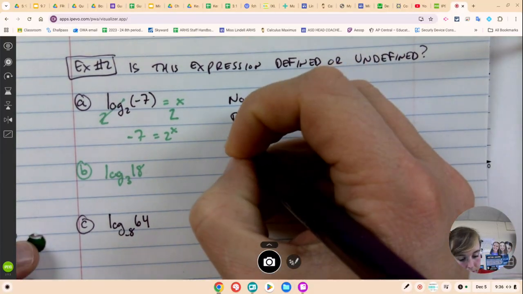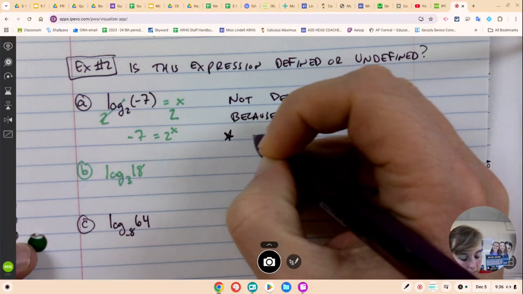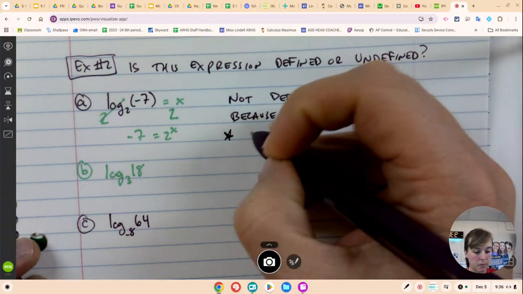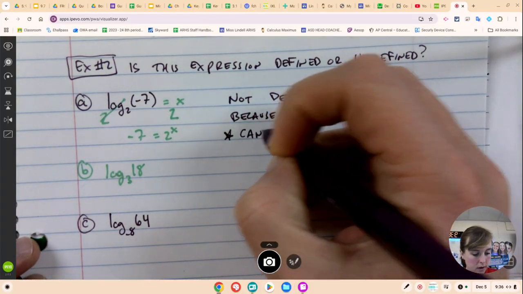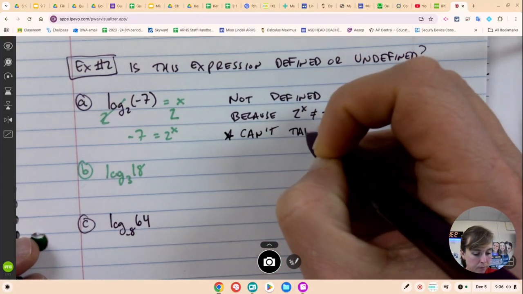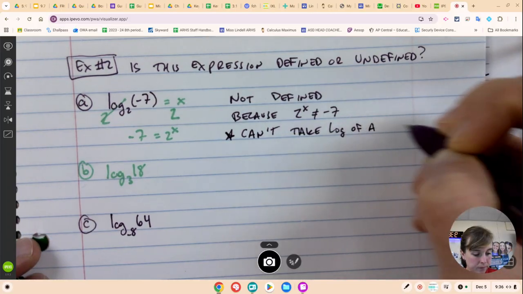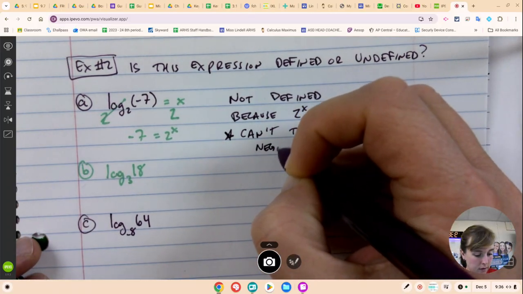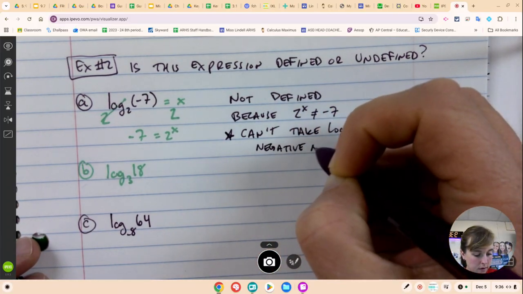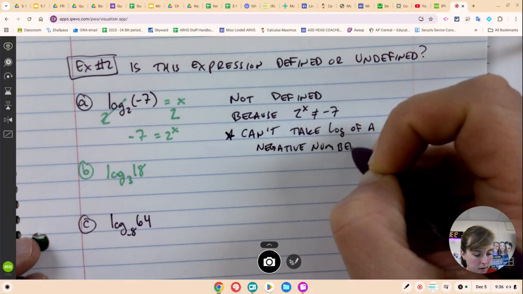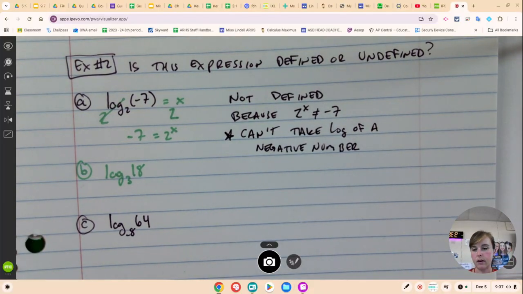Or you could also say because you can't actually take the log of a negative number. All right, so that's going to be a reason why that one is undefined.